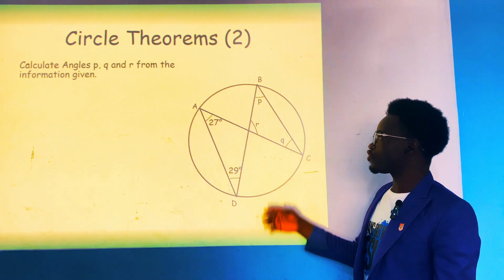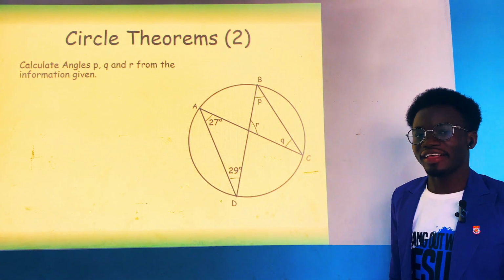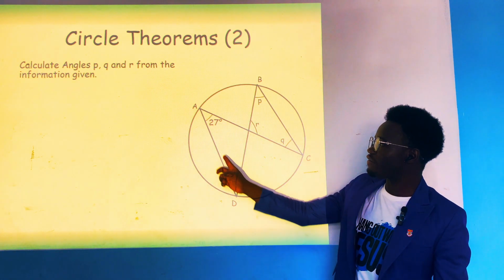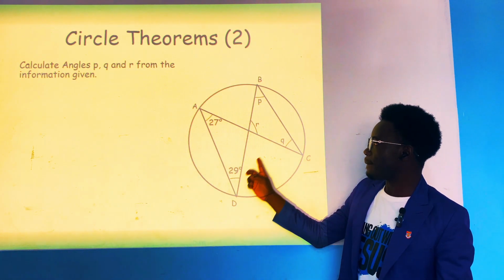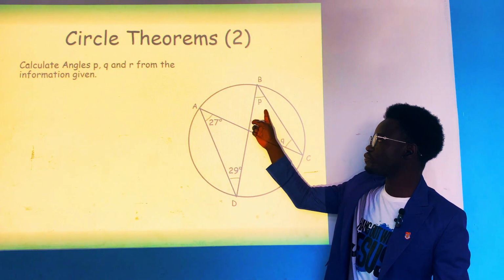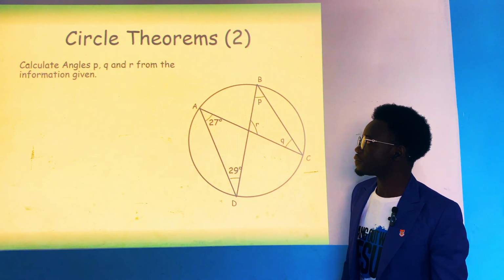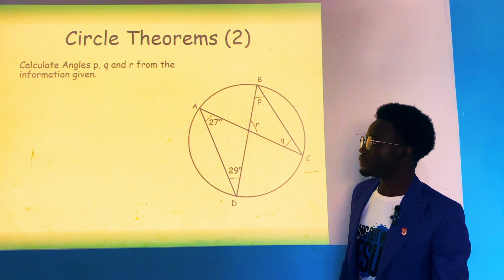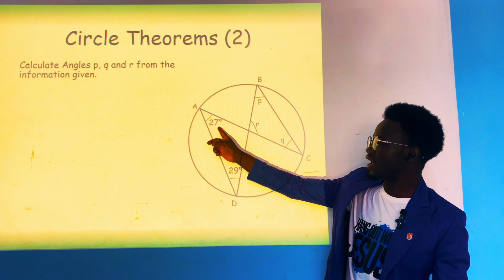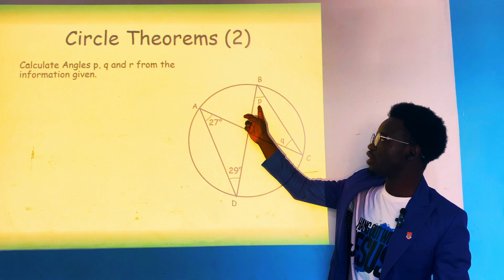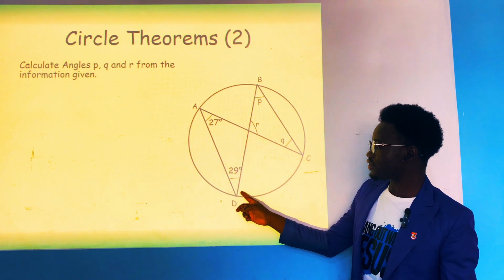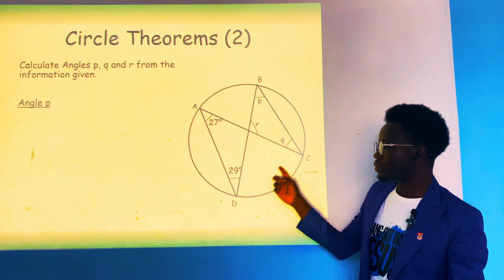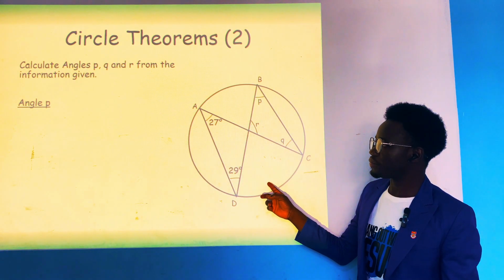Let's use that to solve one example. Now we have been given two of the angles, but we don't know Q, we don't know P, and we don't know R. From the bow tie theorem, this angle here is equal to the angle here, because they are all subtending from the same minor segment.